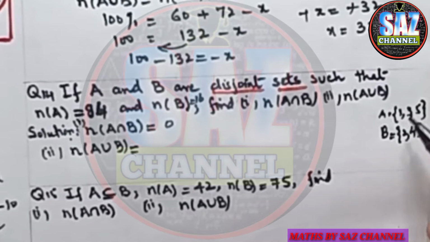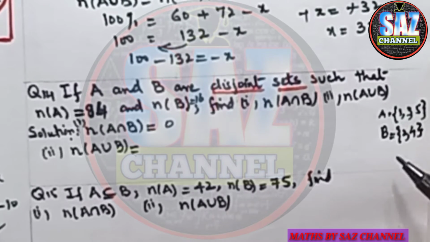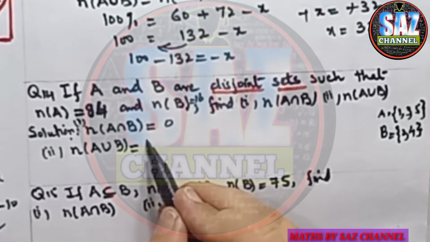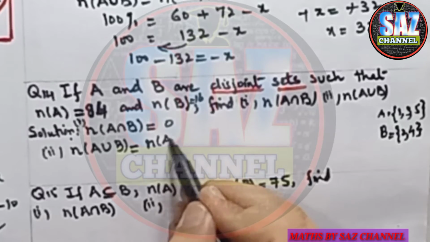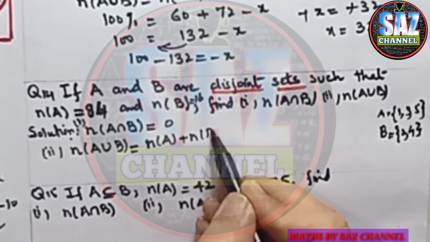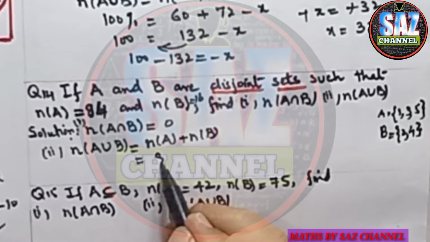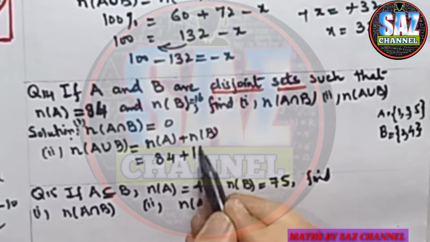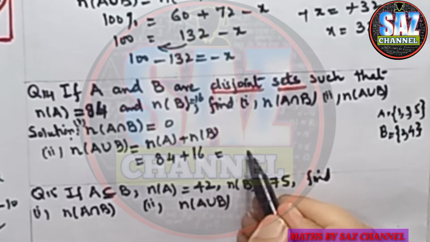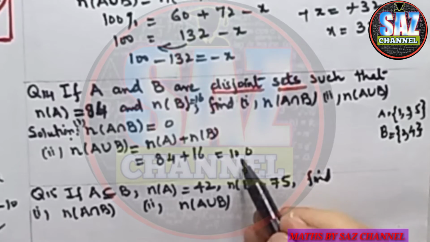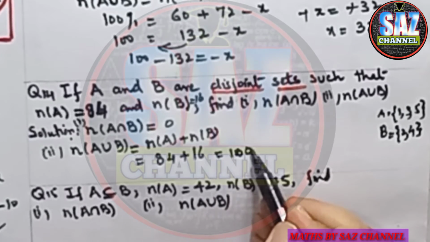So when I take the union, I will be joining these two sets. So the number of elements in the union will be equal to the number of elements of A plus the number of elements of B, and that will be equal to 84 plus 16, and that is 100. I hope you are clear about this question.